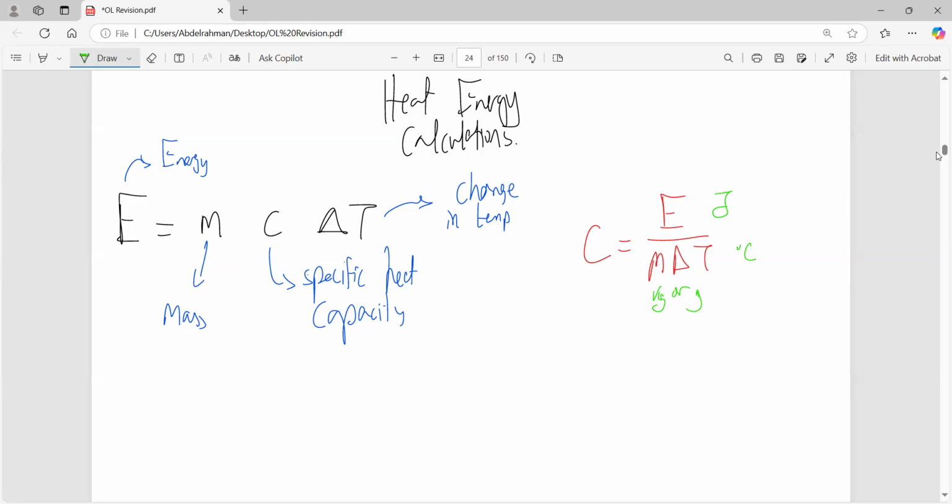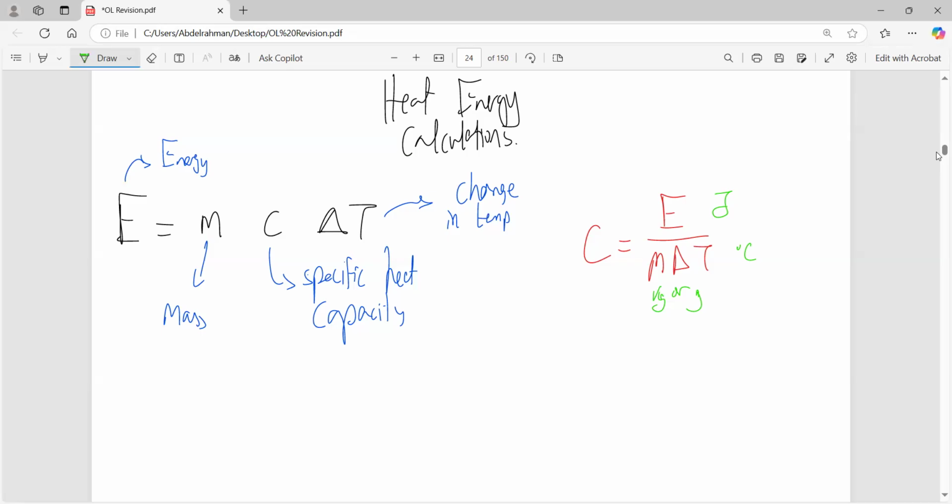Of course it could be Kelvin. They added Kelvin to the syllabus, so instead of degrees Celsius, it could be Kelvin. I'm saying it could. Did I see any questions with Kelvin before? No. But maybe they could add a question in which the unit of the temperature in the heat energy calculation is Kelvin.